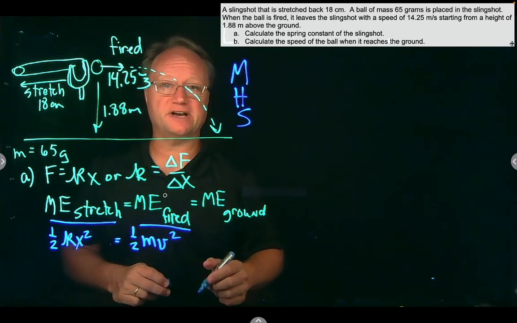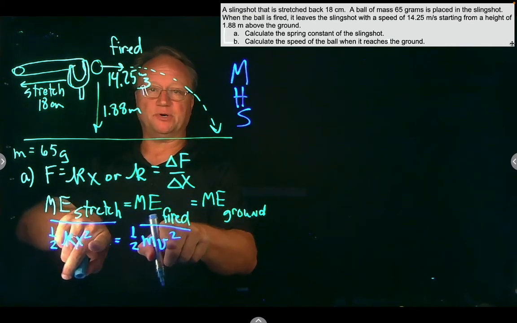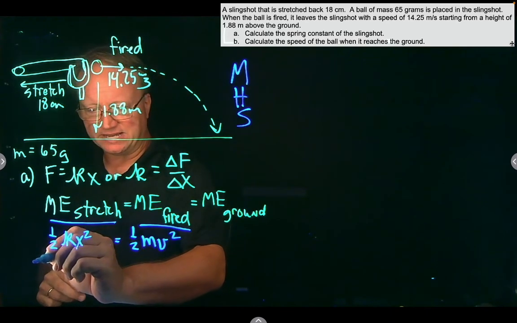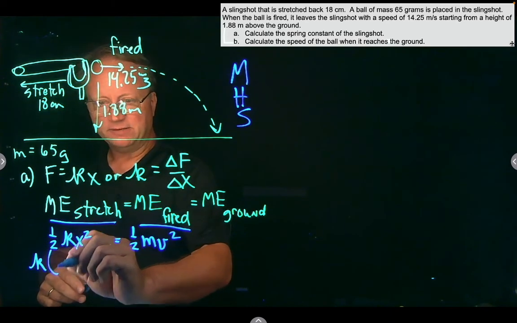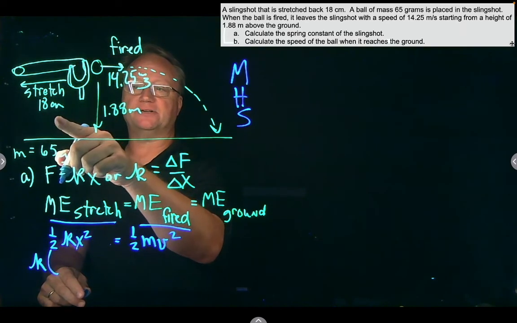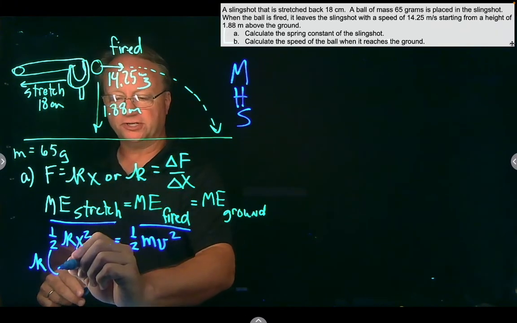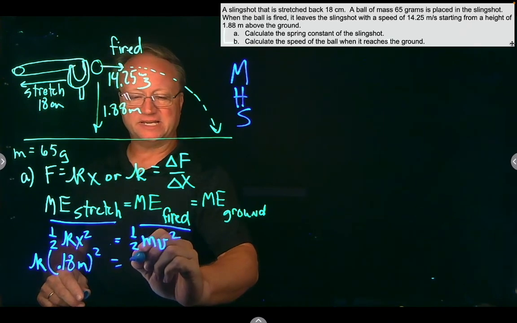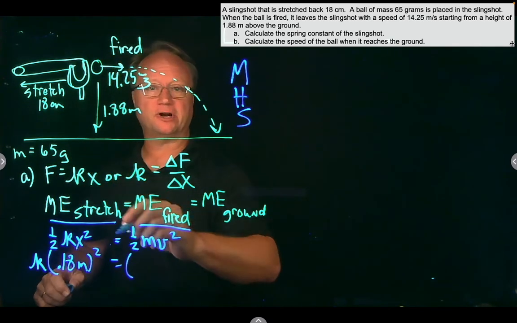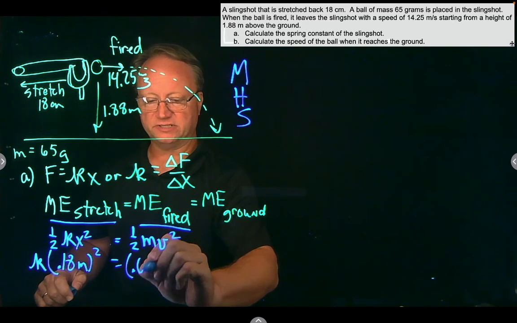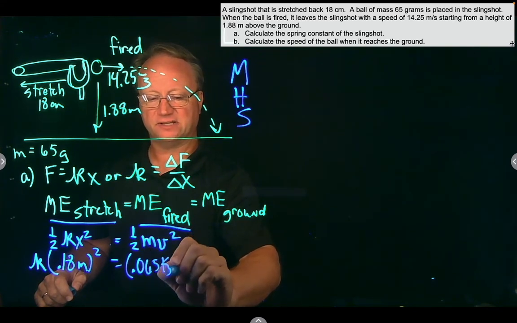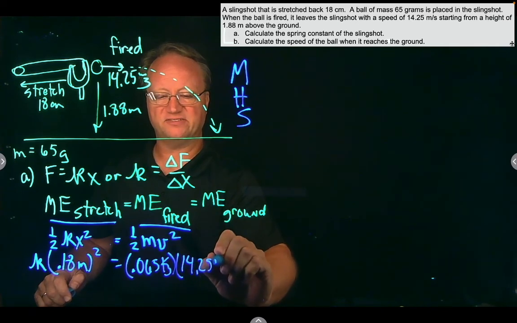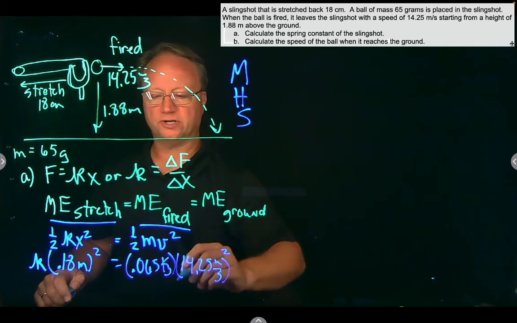So then filling in values, I do have a 1/2 on both of these. It will divide out. And so k multiplied by x, that's the amount of stretch, converted to meters, 0.18 meters squared, equals the mass converted from grams to kilograms, 0.065 kilograms, and then v, 14.25 meters per second, quantity squared.